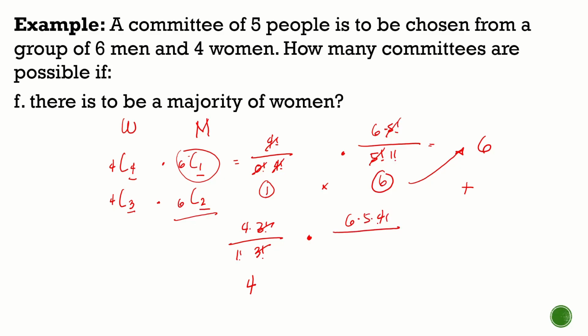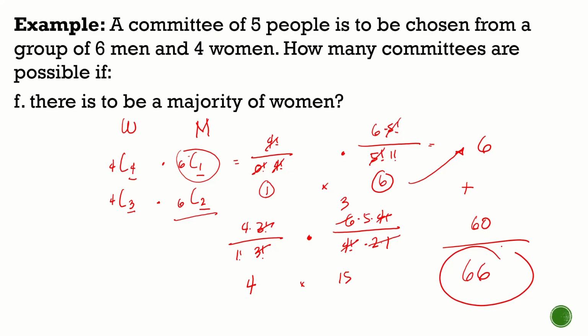I'm going to stop with that because 6 minus 2 is equal to 4 factorial. So cancel that. Times 2 factorial, which is 2 times 1. So 2 times 1, this is 3. That's 15. Multiply those two, the answer is 60. And just add. So the answer will be 66.